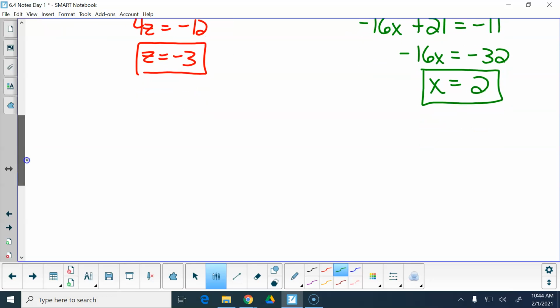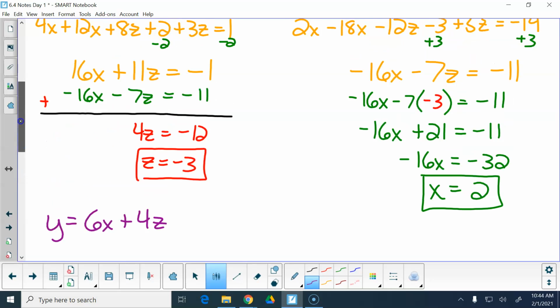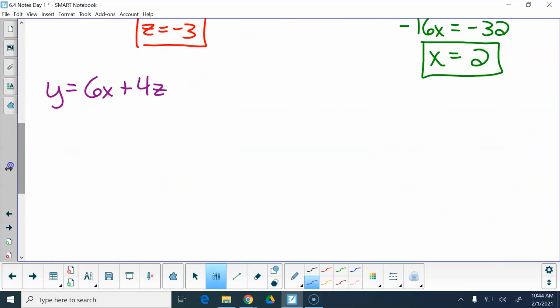y was equal to 6x plus 4z plus 1. So y here is going to equal 12 plus 4 times negative 3 plus 1.